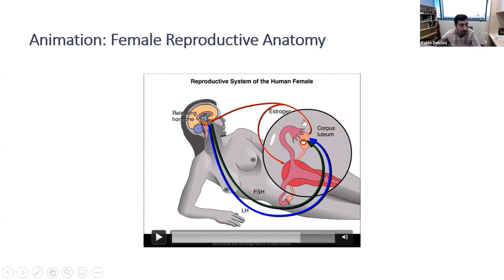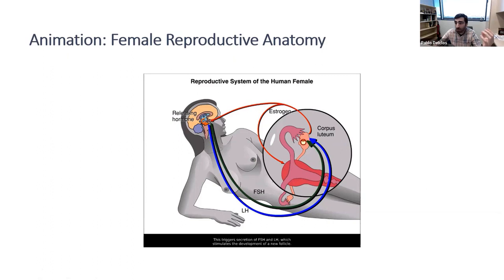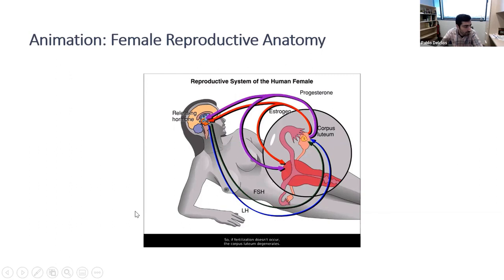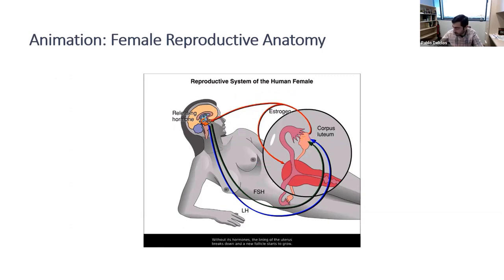So a negative feedback loop can mean that more production of one hormone results in less production of the other, but also the flip: less production of hormone A, in this case estrogen, results in more production of FSH and LH. So if fertilization doesn't occur, the corpus luteum degenerates. Without its hormones, the lining of the uterus breaks down and a new follicle starts to grow.